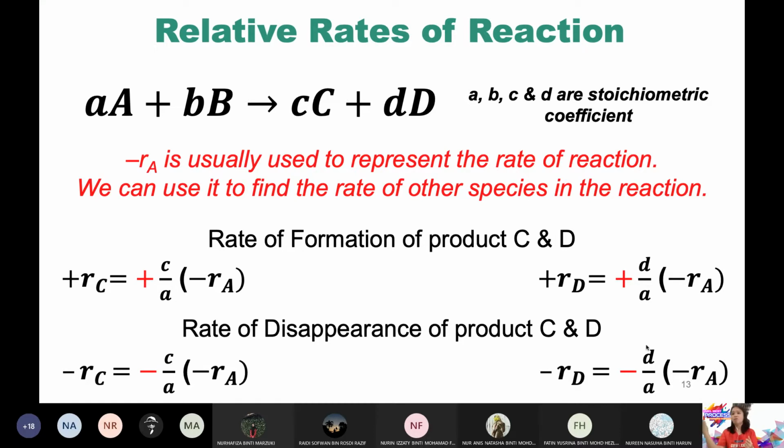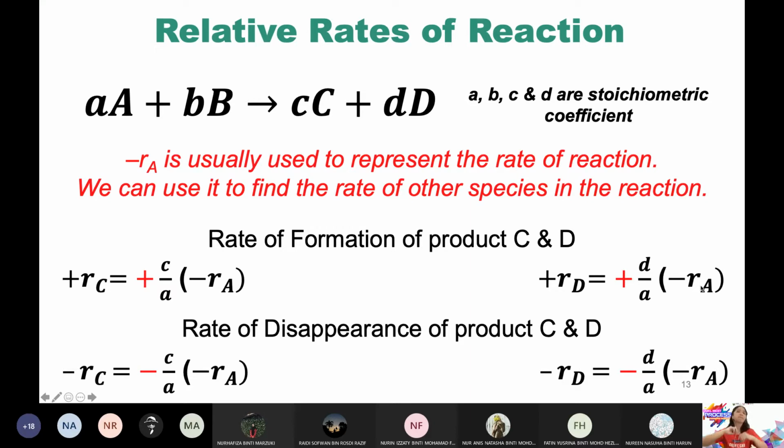Kadar pembentukan, rate of formation, and C and D are being formed. Hence, the rate of formation will be a positive number. But don't forget, multiply again with the stoichiometric coefficient. Tapi, kena stoichiometric coefficient of that species lah. Contohnya, if we want to calculate for C, it has to be the stoichiometric coefficient of C over A. Kalau you're calculating for D, it must be stoichiometric coefficient of D over A, and both cases multiply with minus RA.